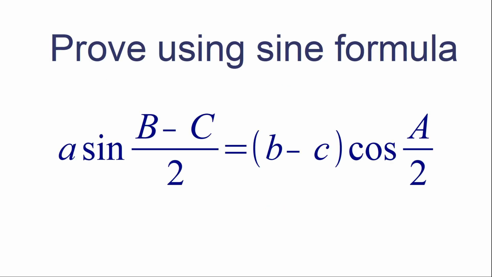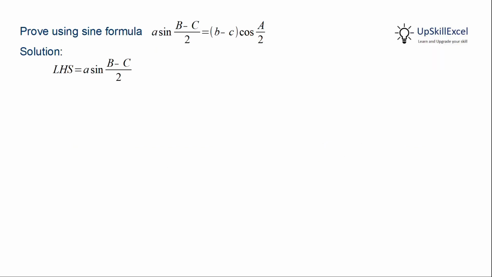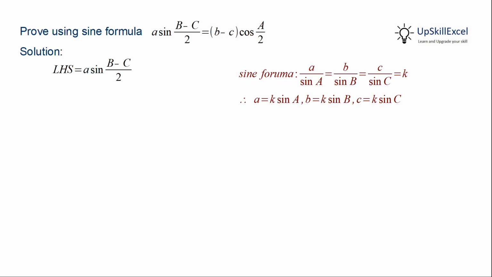Prove using sine formula that a sine (b minus c) by 2 is equal to (b minus c) cos a by 2. We start with the left hand side and from sine formula replace a by k sine a. Further we apply sine 2 theta formula on sine a and replace it by 2 sine a by 2 cos a by 2. Now within a triangle we know that a plus b plus c is equal to pi.